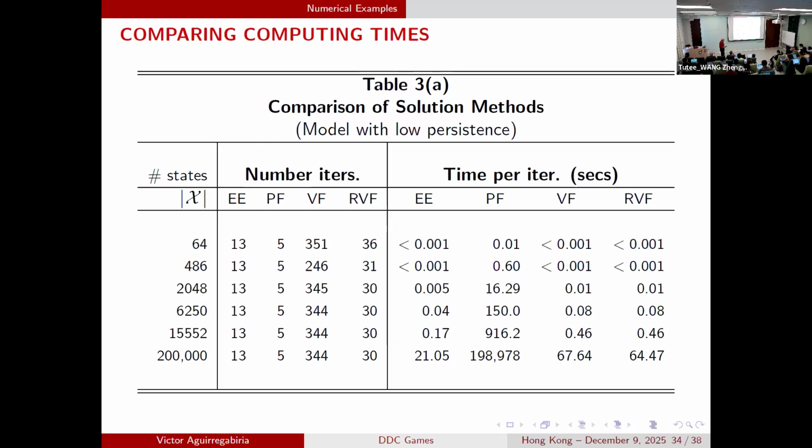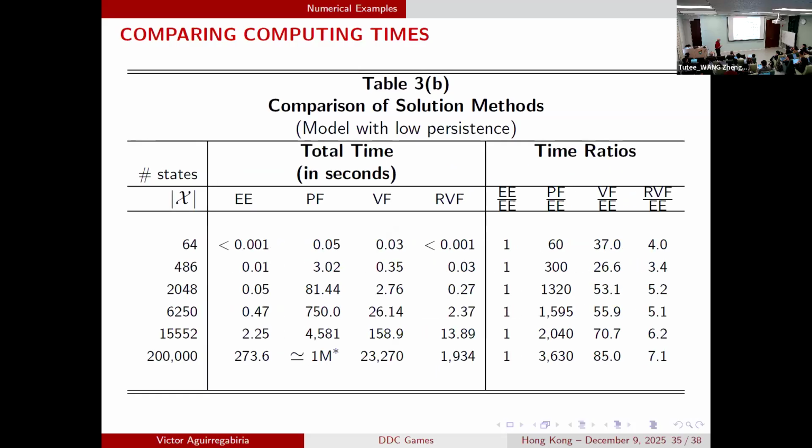And eventually, policy function iteration becomes basically impractical for large state spaces. Okay, this is in terms of total time.